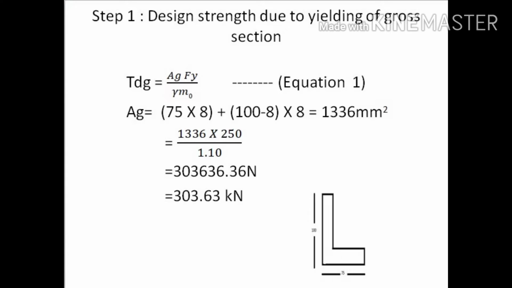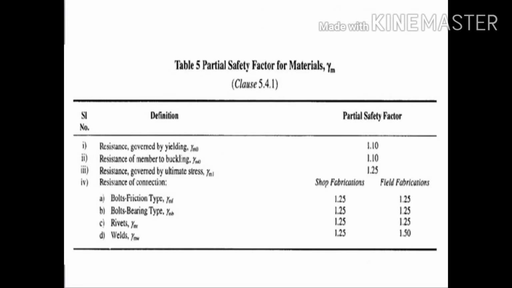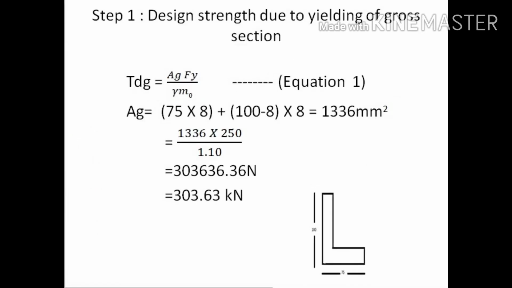So this gamma M0 is a factor, that is partial safety factor for materials, that we obtain from Table 5 of IS 800, that is resistance governed by yielding gamma M0 is equal to 1.10 and resistance governed by ultimate stress is equal to 1.25.